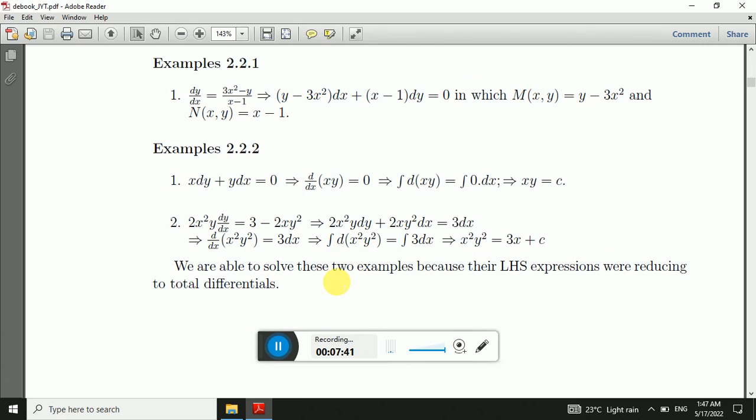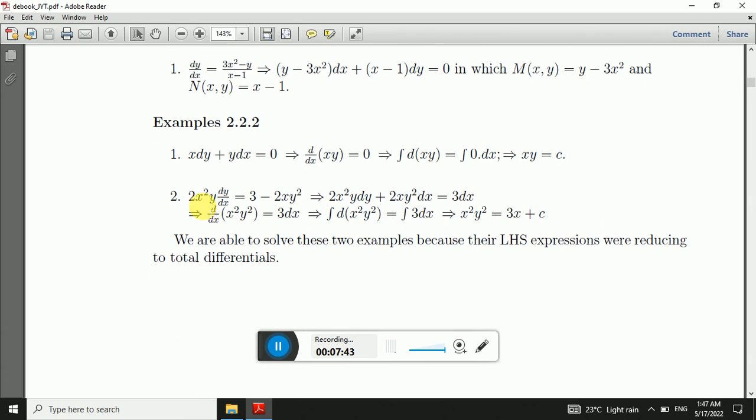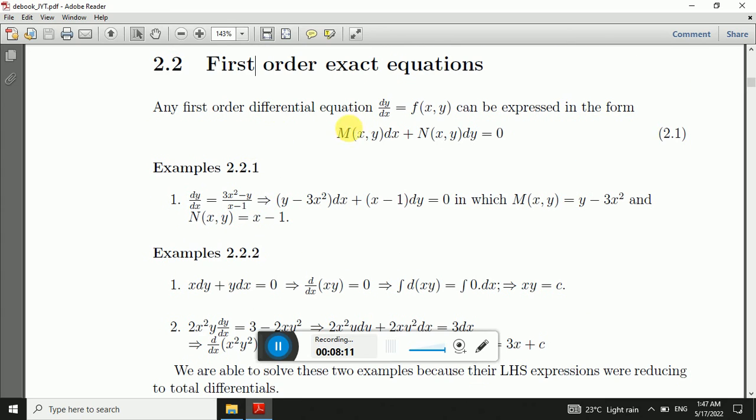Now in the second example, we have an equation x dy plus y dx equaling 0. When you look at this expression, it is in the form M of x,y dx plus N of x,y dy equaling 0.